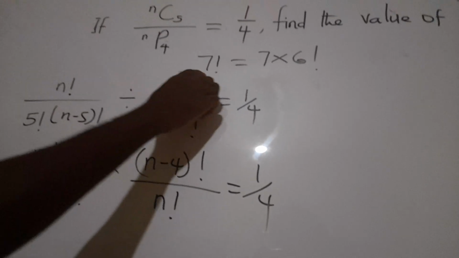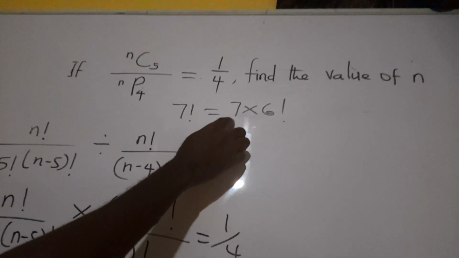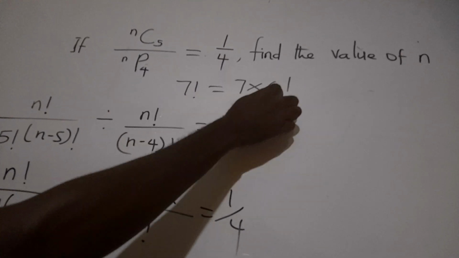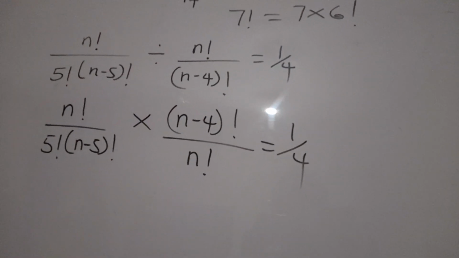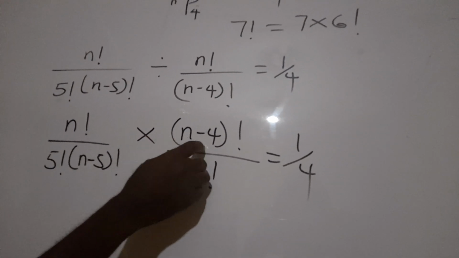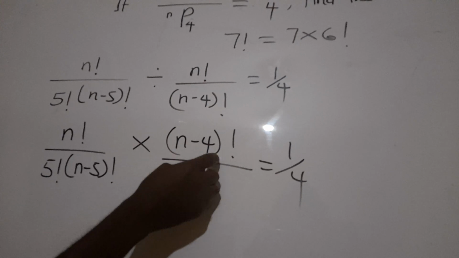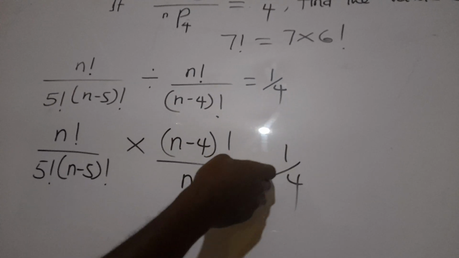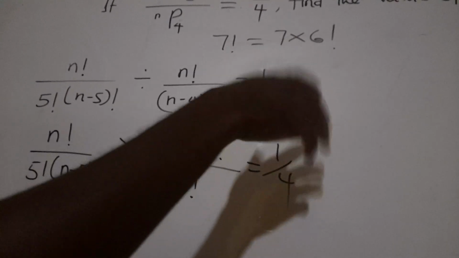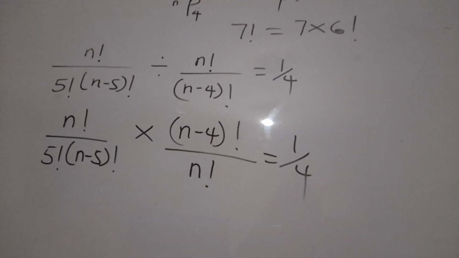Remember, we said 7 factorial is the same as 7 times (7 minus 1) factorial. Then from here we can say (n minus 4) factorial will be (n minus 4) times (n minus 4 minus 1) factorial, which will be (n minus 5) factorial.